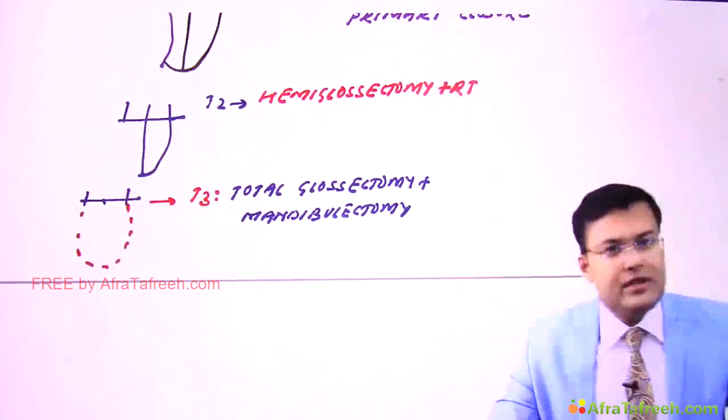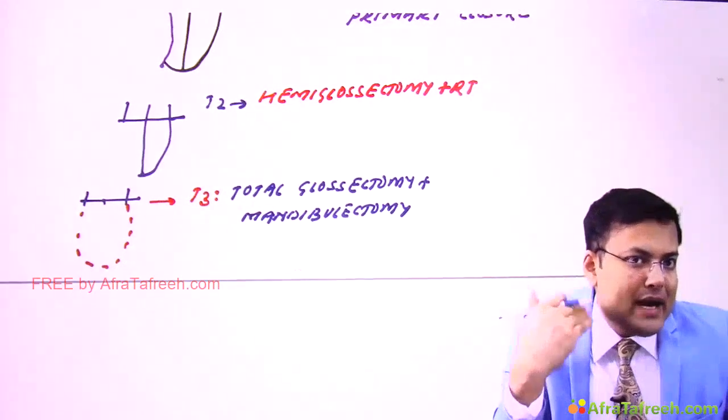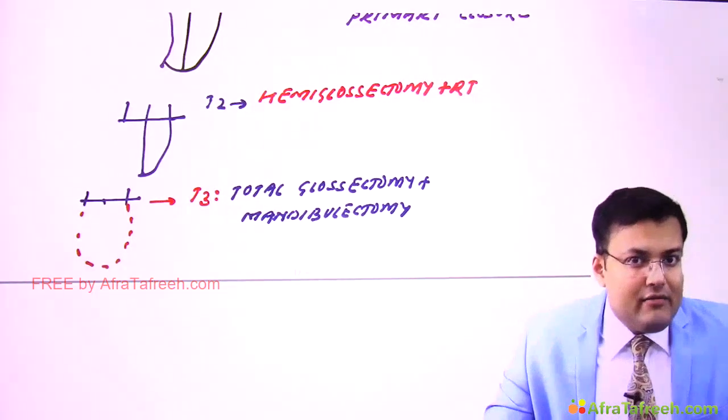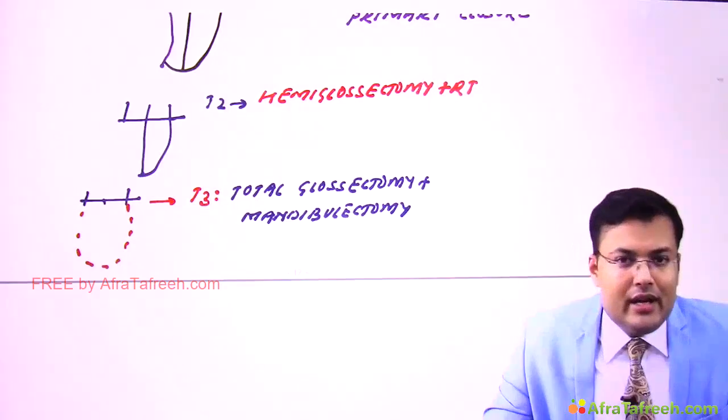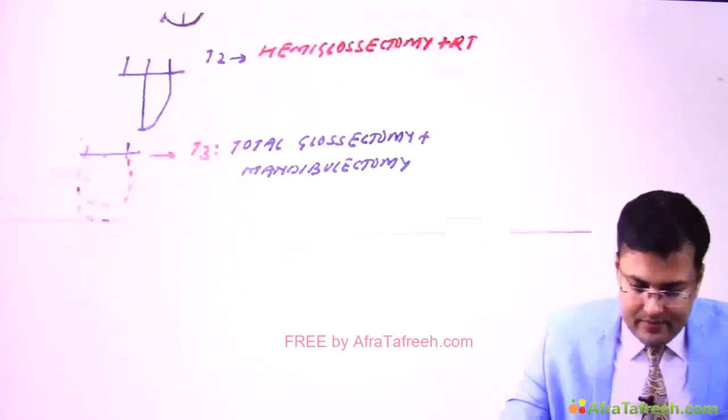And if T4 is there, apart from this total glossectomy, mandibulectomy, we have to perform MRND. MRND is modified radical neck dissection. We have to perform laryngectomy and we have to give radiotherapy. So this is extensive treatment.